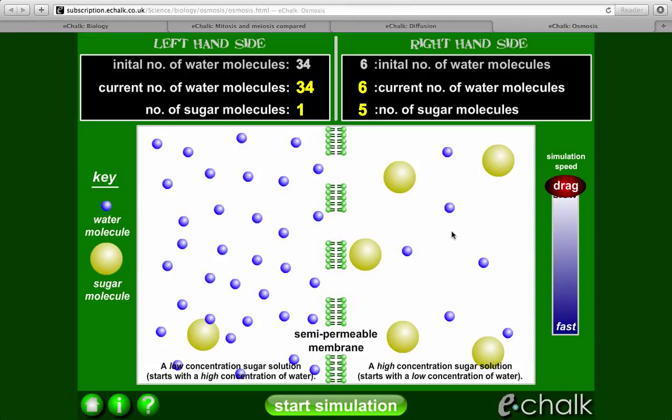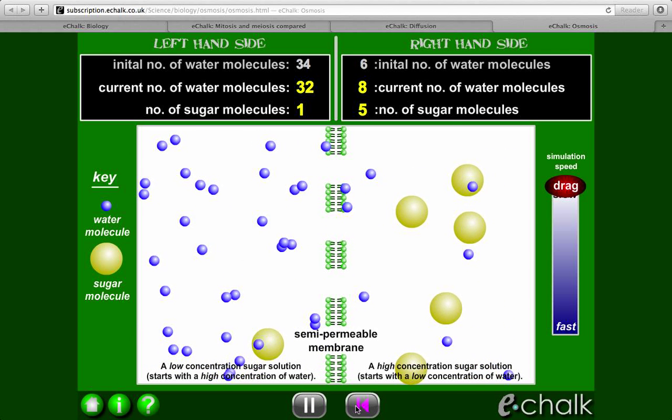But remember, there's no intention here, guys. This is just all of the water randomly hitting and colliding. If you do this, it's going to result in it looking like they're deliberately going over the other side, but they're not. They're just randomly going to move, and eventually everything's going to equalize. Okay? So if we start this, you'll see this is quite slow.